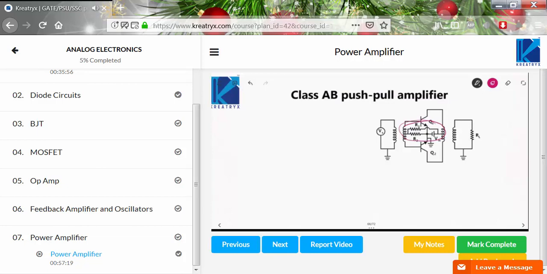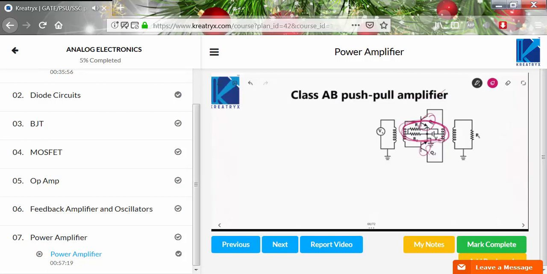Here, in place of the previous circuit, we are putting a potential divider network, right? With this potential divider network, if Q1 is turned on, immediately Q2 will be turned off with the help of the divider network. That is the advantage of this modified class AB push-pull amplifier.